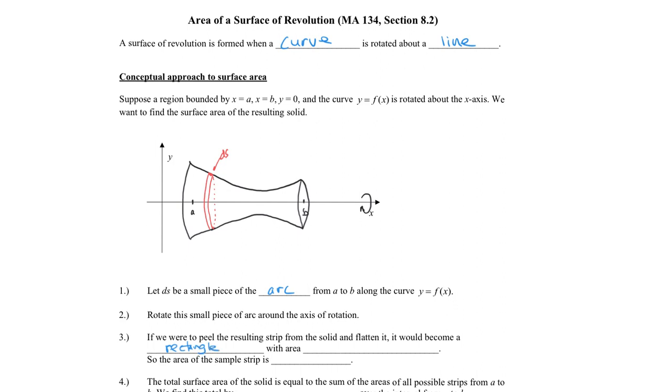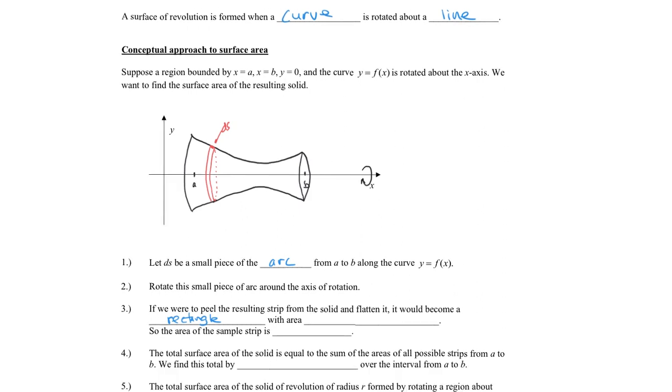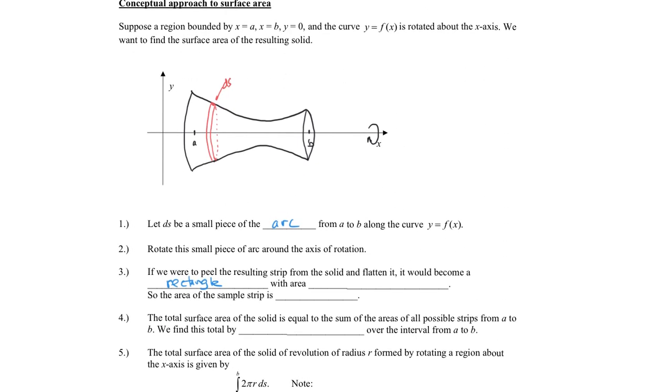It's not a perfect rectangle because it's curved, but we're going to take the limit. As these pieces get smaller and more numerous along this edge, it will become more and more like a rectangle. So just picture it as a rectangle.